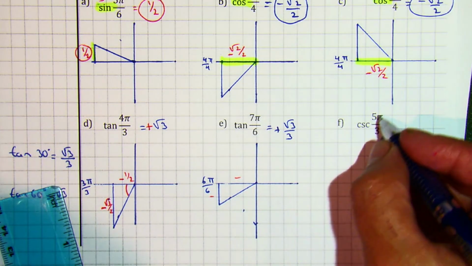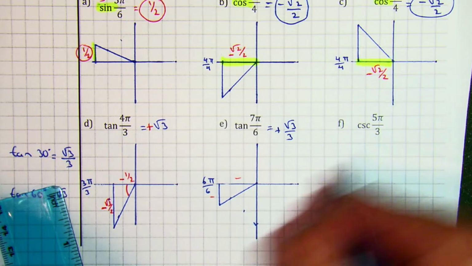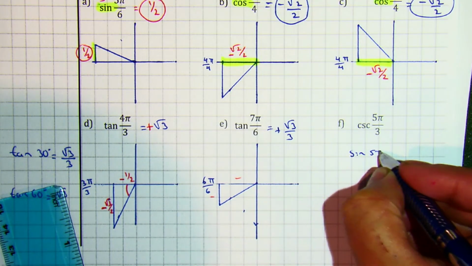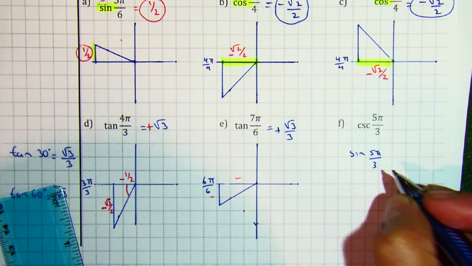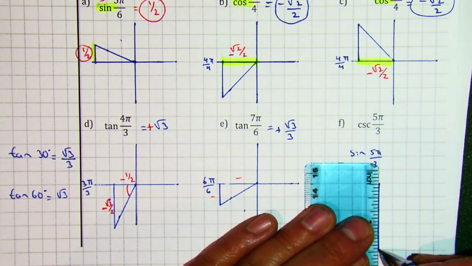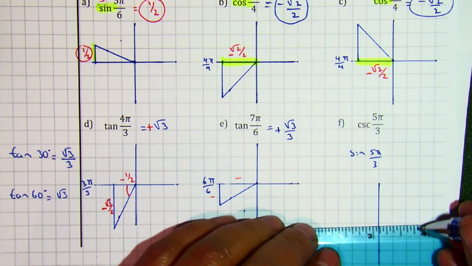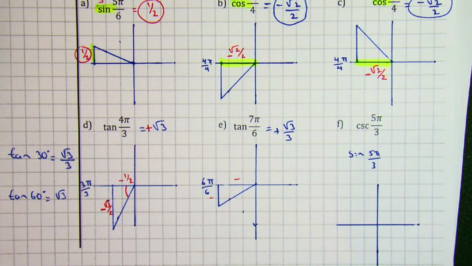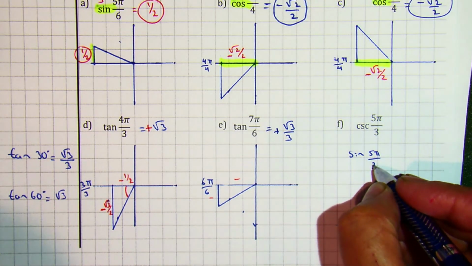And cosecant of 5 pi over 3, I need to evaluate the sine of 5 pi over 3 and then take the reciprocal. So I'm going to make my x and y axis. Where is 5 pi over 3? Well, I'm dealing with thirds, correct?